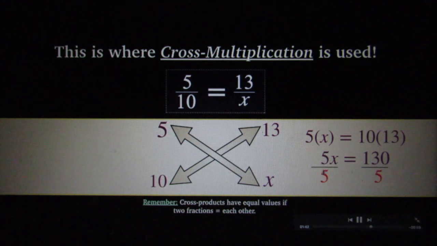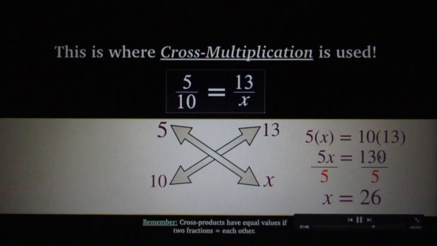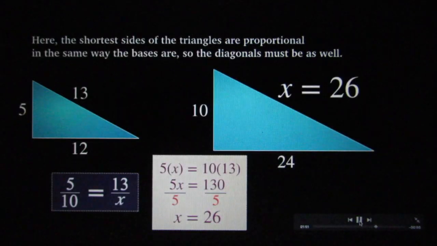So we divide by 5, the number on the variable, as always. Divide 130 by 5, and we get x equals 26. We now know for sure that this hypotenuse, or this longest side of this triangle, is 26 units, or whatever they might be labeled. In this case, just units.